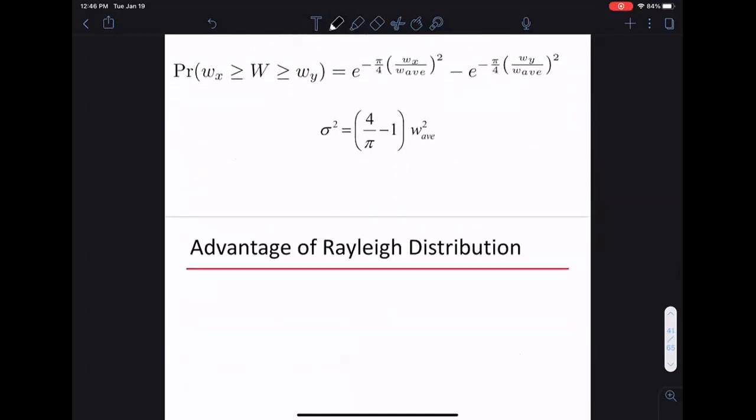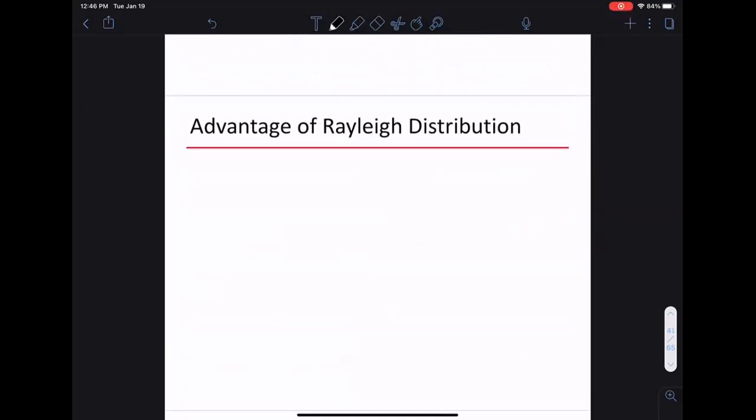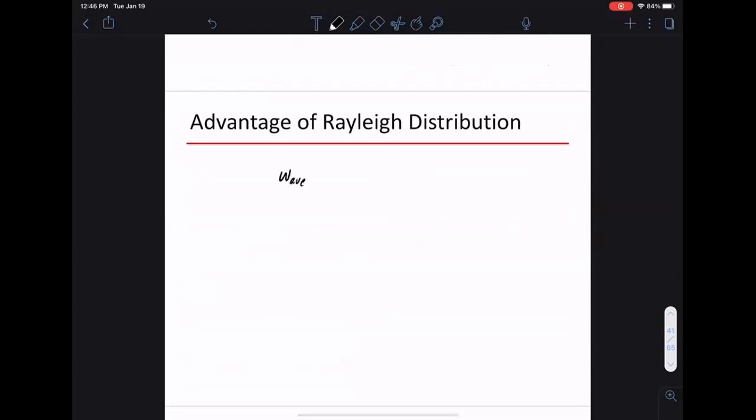Okay, so you can look up this kind of statistics on the internet if you need it. The nice thing about the Rayleigh distribution is, again, it only depends on a single parameter, the mean or the average. So empirically, I can measure this average very easily.